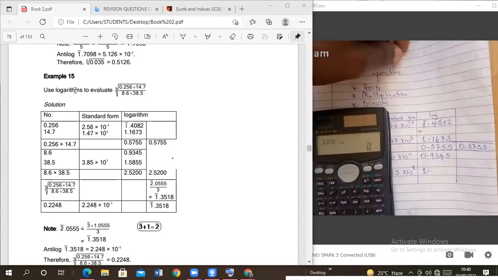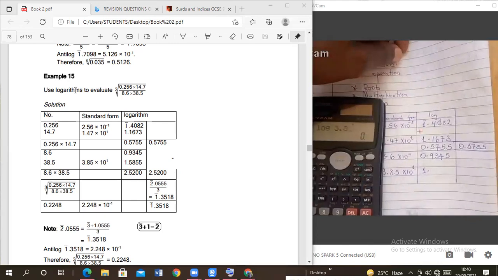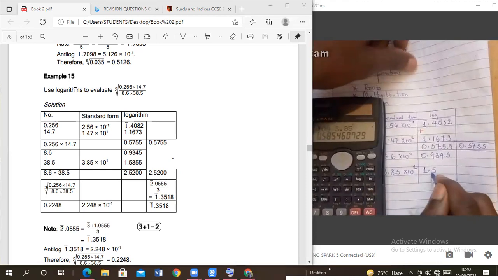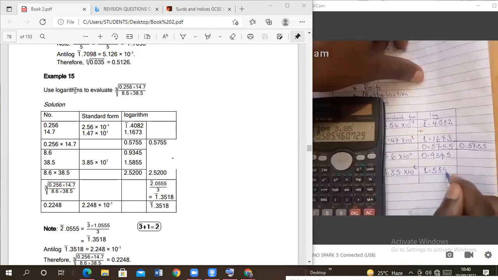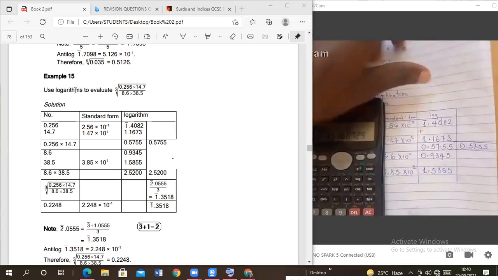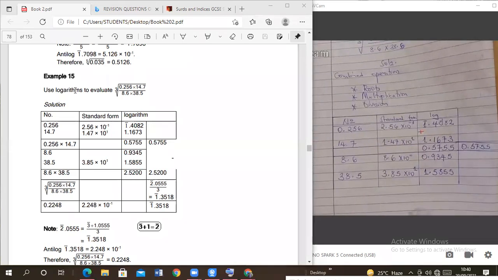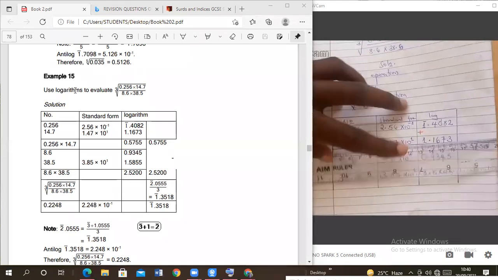So what is the log of 3.85? It is 0.5855. Good. Members, let me hope we are moving together. Yes. Is there another number we have left in the denominator? No.